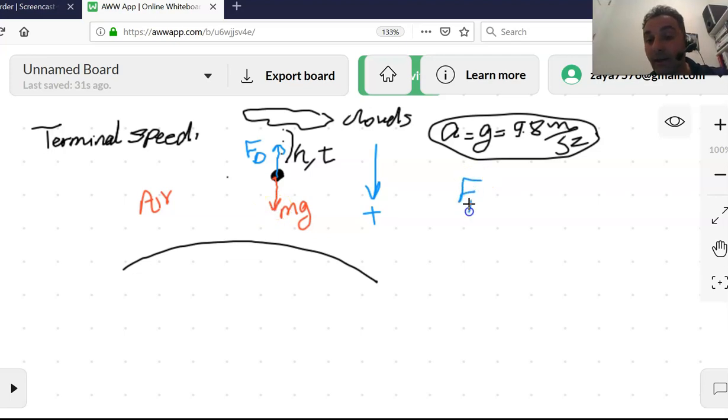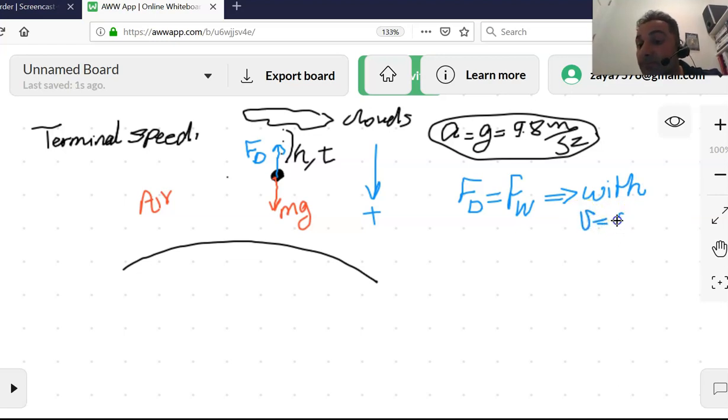So at a certain height and certain time after the water droplets get released from the cloud, your drag force becomes equal with what? Force of weight. Okay? Then after that, the object moves with constant velocity.